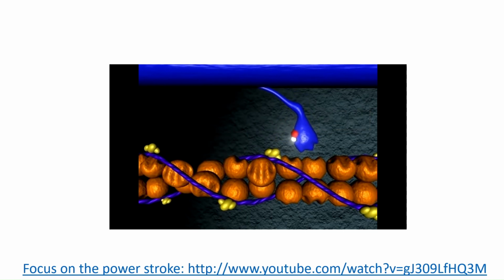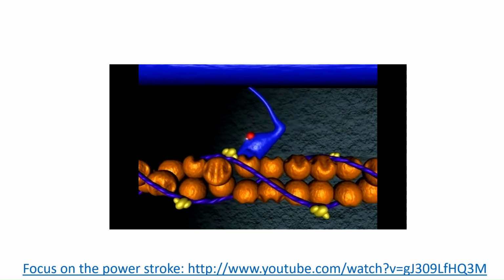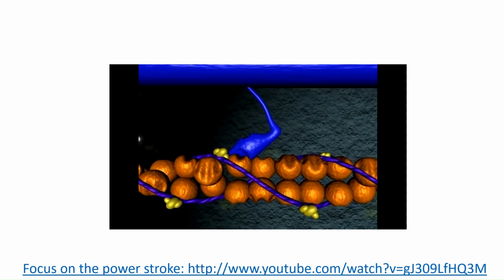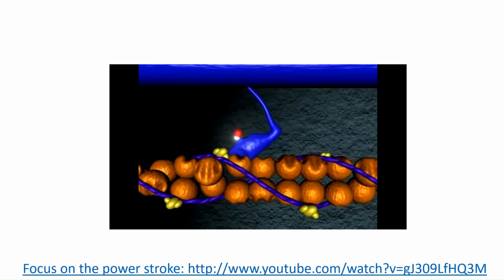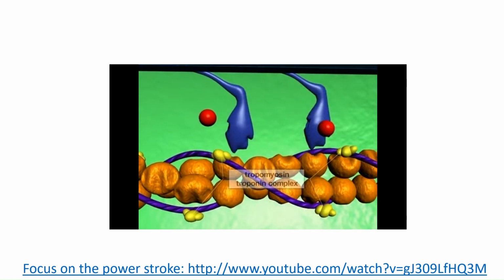The power stroke is initiated when the myosin cross-bridge binds to actin. The cycle begins again when another ATP binds to myosin. At rest, most cross-bridges are in the closed configuration, propelled to the left of actin. The tropomyosin-troponin complex is moved away from myosin binding sites on actin by calcium ions.